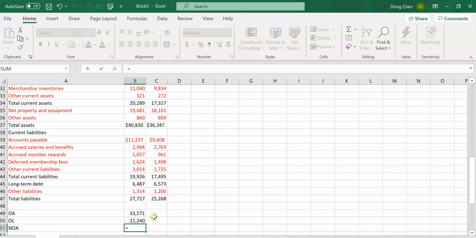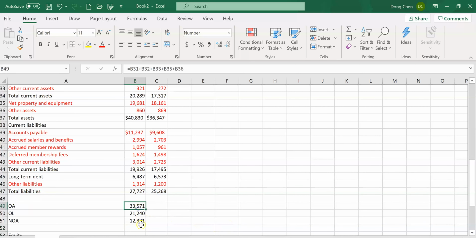So now their difference determines the net operating asset. What's cool about Excel is that we can choose the 3 cells and pull it to the right side, so the other year will be automatically calculated.